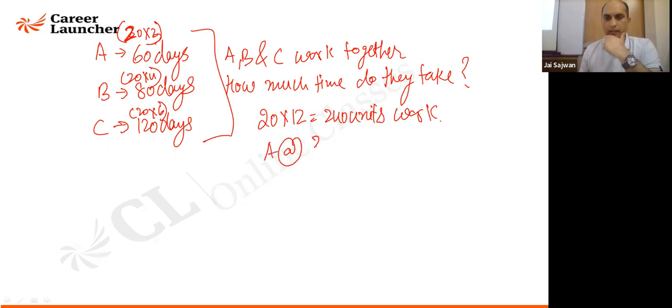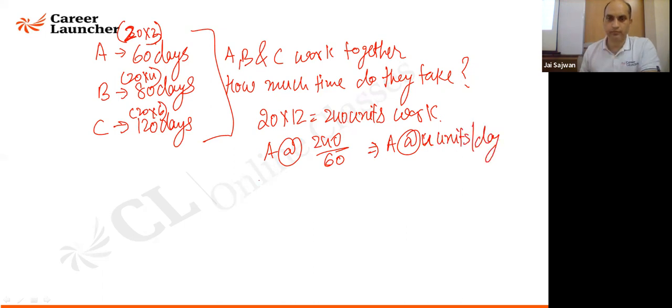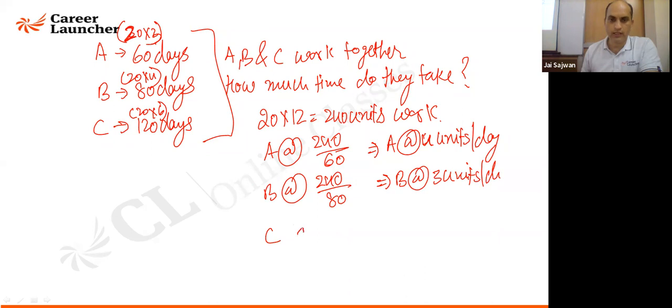A can complete 240 units of the work in 60 days. That means A works at the rate of 4 units per day. B is going to complete 240 units of the work in 80 days. That means B works at the rate of 3 units per day. C is going to work again 240 units of the work.